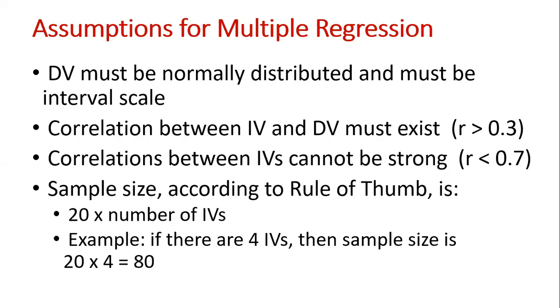Because when the correlation is more than 0.7, we use the term collinearity. Collinear means they are almost the same. Two IVs with R more than 0.7 are like twins, sharing many properties. We don't need twins in our study. If there are twins, pull one of them away and just use one only.